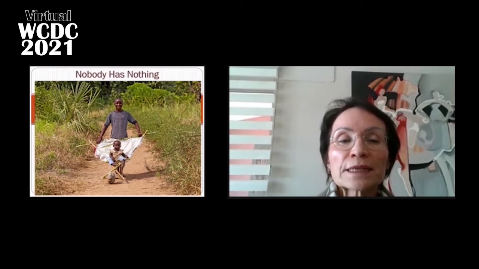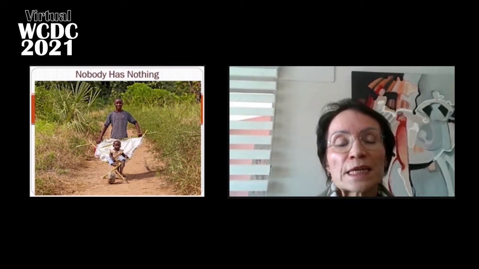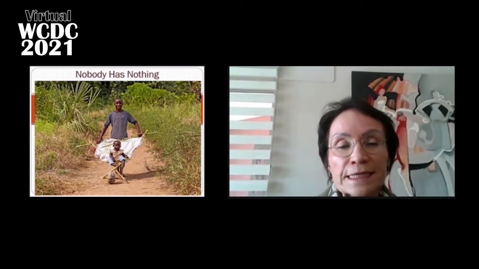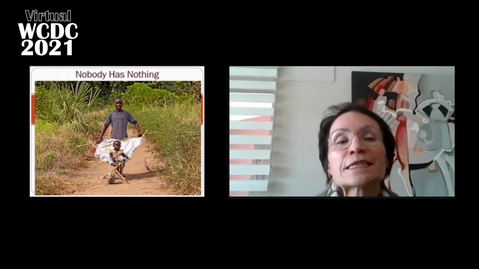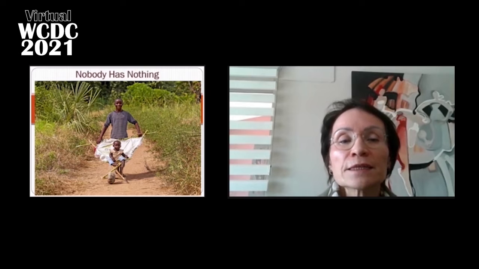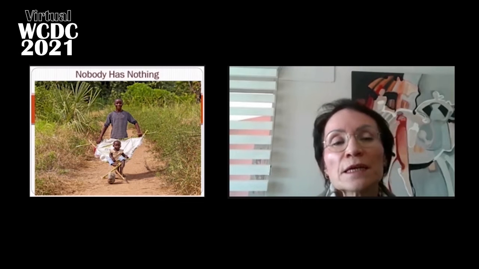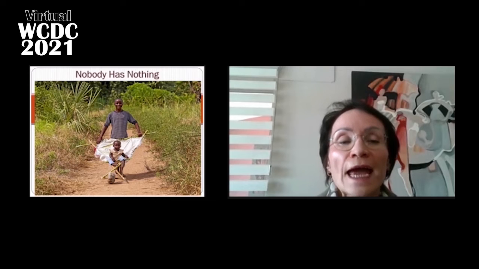So look at this wonderful picture here. This brother has made his sister a wheelbarrow from the resources in the community. And look how happy he is to do something with his hands, with the resources in the community.